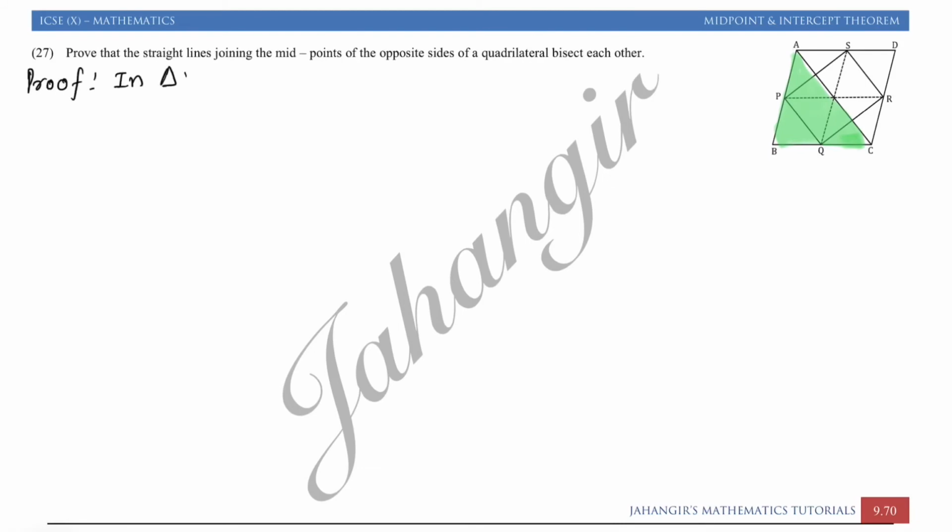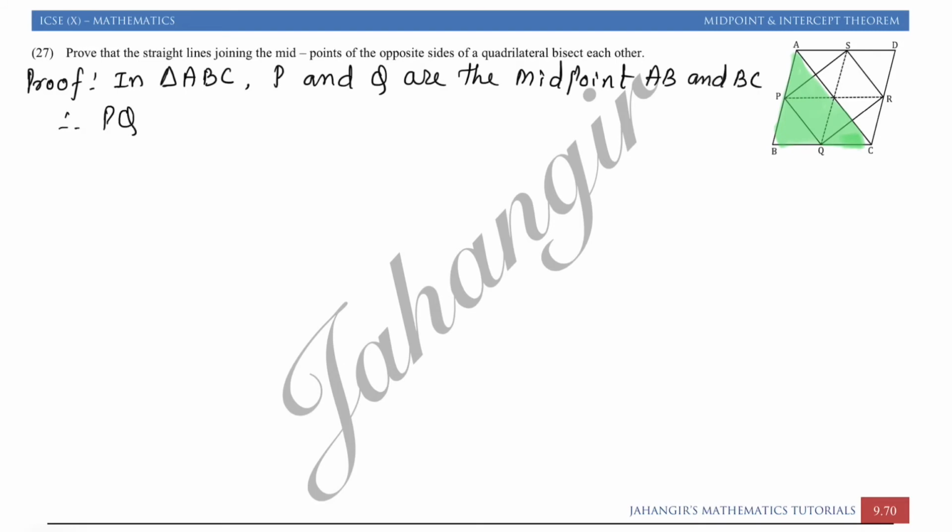In triangle ABC, P and Q are the midpoints of AB and BC. So therefore I can say PQ is parallel to AC and PQ is equal to half AC. This is the first result by the midpoint theorem.